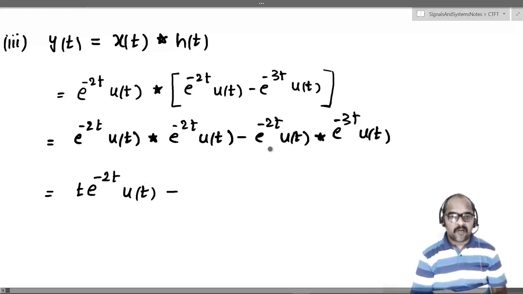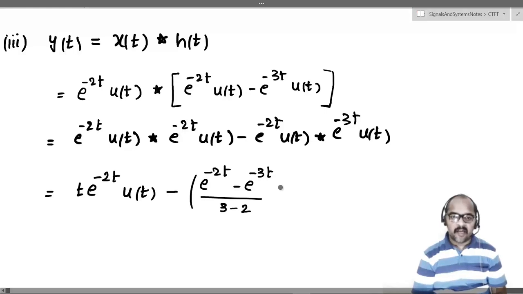Okay, next, what about this one? This is looking like e power minus a t u of t convolved with e power minus b t u of t. So that should be equal to (e power minus a t minus e power minus b t) by (b minus a), the whole multiplied with u of t.